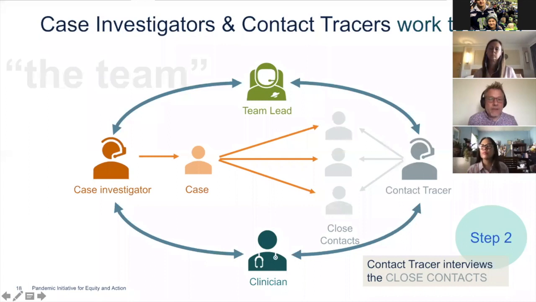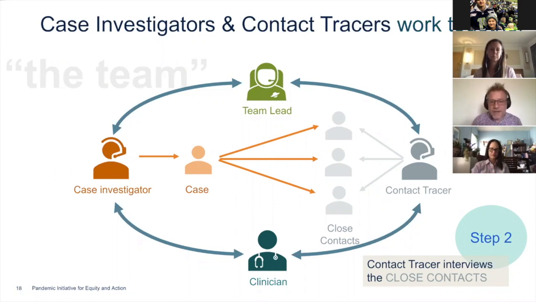Well, in some circumstances, you may ask those close contacts to be reached by a contact tracer, but you could also subsequently reach out to those individuals yourself and fulfill the role of the contact tracer. In San Francisco, we have separate roles for the contact tracer and the case investigator, but that may not be the case in Guam. You may be asked to do both, and that will be up to the Department of Public Health. So those are the simple steps.